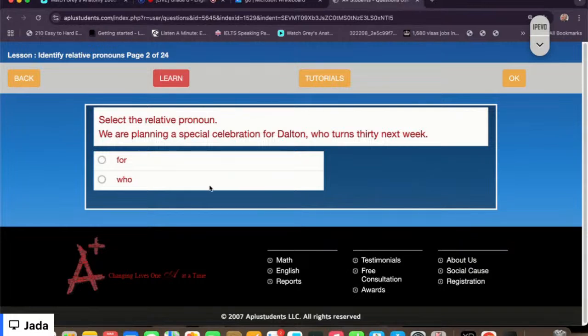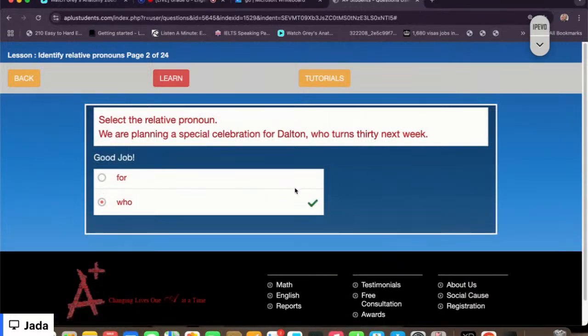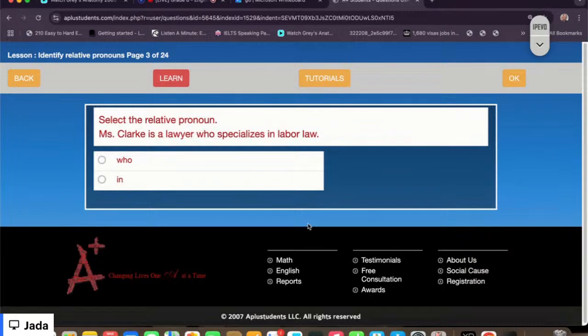So who turns 30 next week. Okay. So select the relative pronoun here. Miss Clark is a lawyer who specializes in labor law.